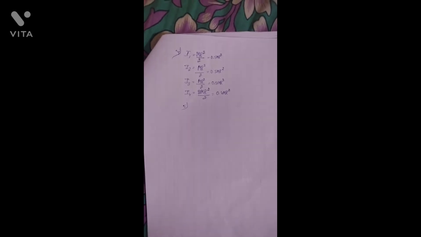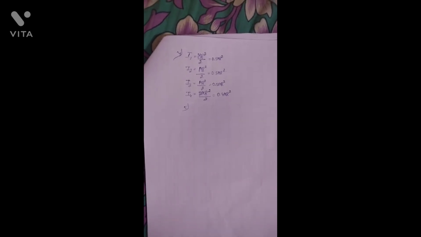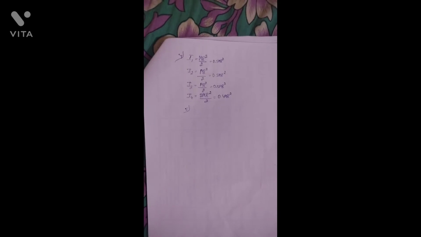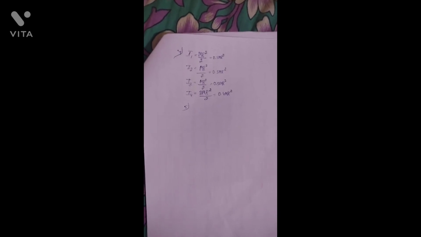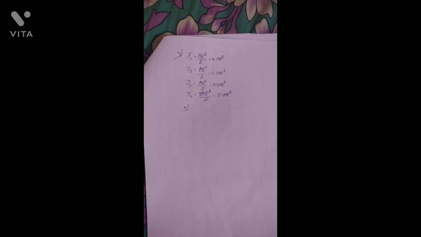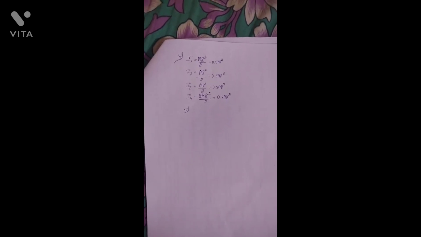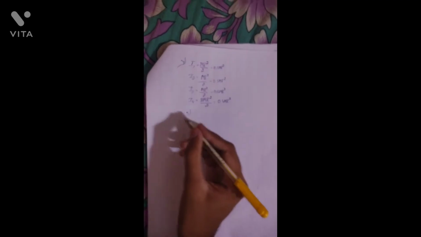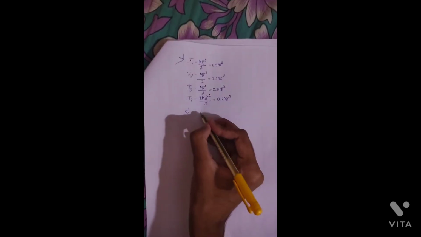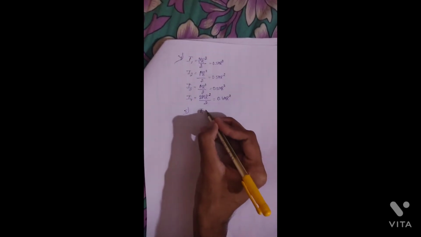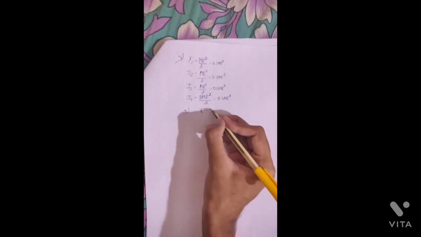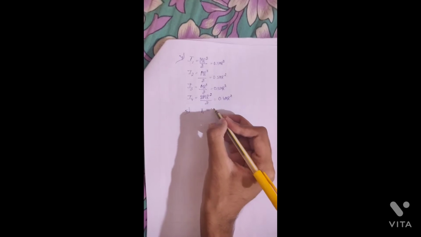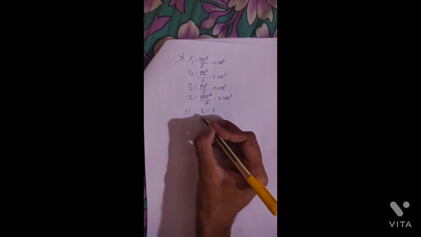The ratio of the angular velocity of satellite S1 to the angular velocity of satellite S2 is what they have asked. Let us solve the question. T1, the period of satellite 1, is 1 hour, and T2 is 8 hours.